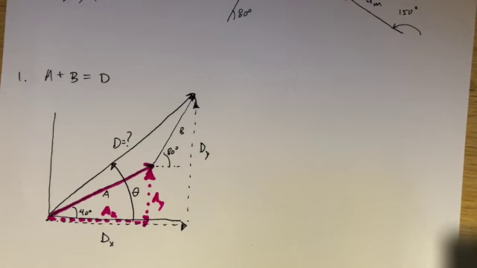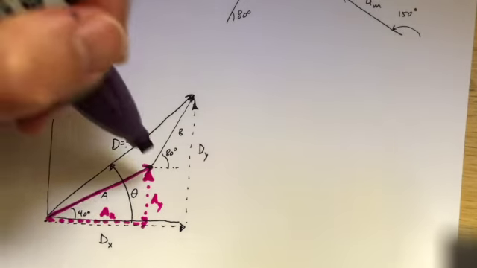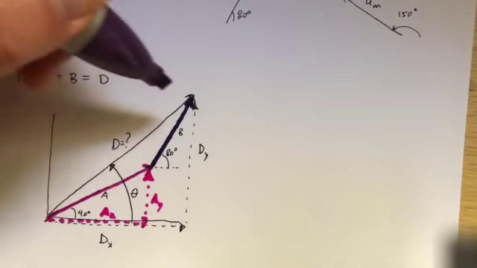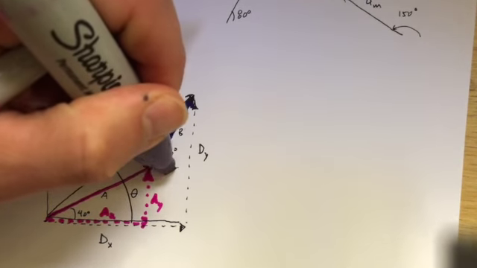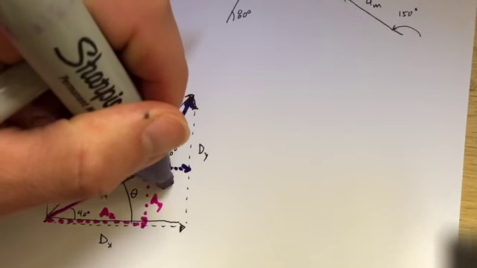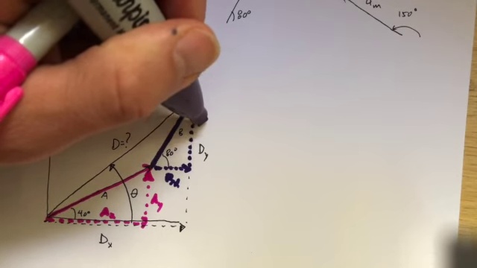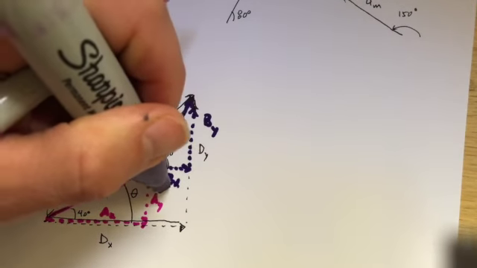And then vector B will make purple, and that has its own x component and its own y component, B sub y.